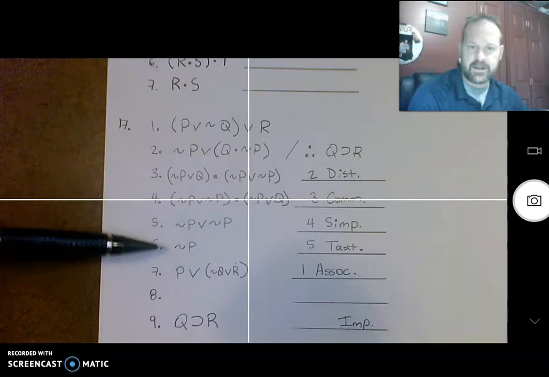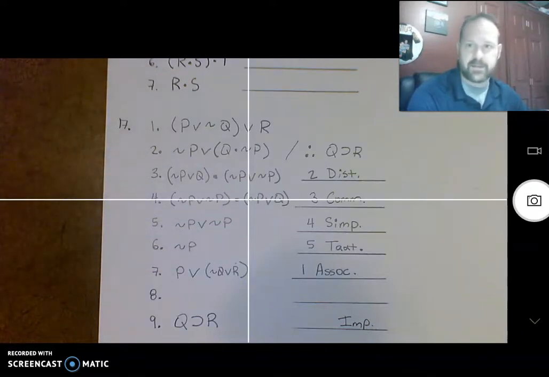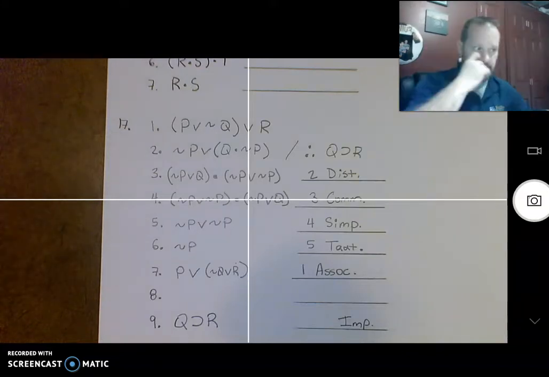How does that help us? Often when I have a not P, I look at my rules of inference and go, where's not P at?